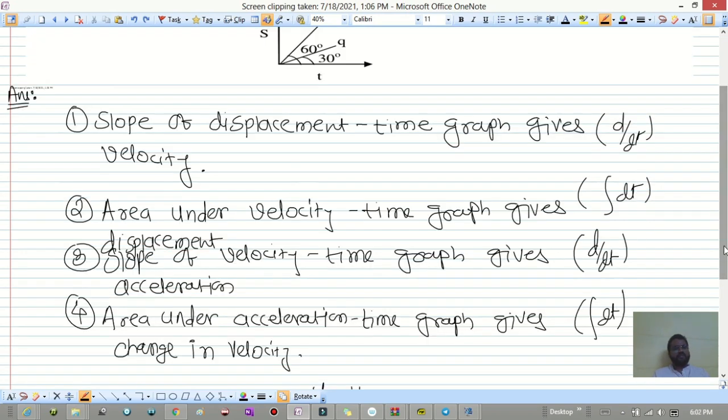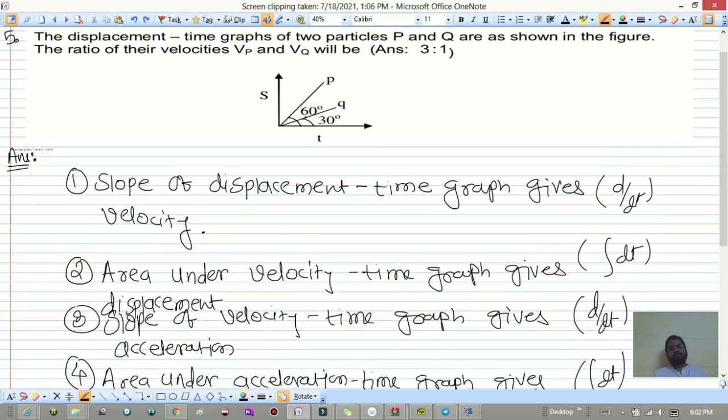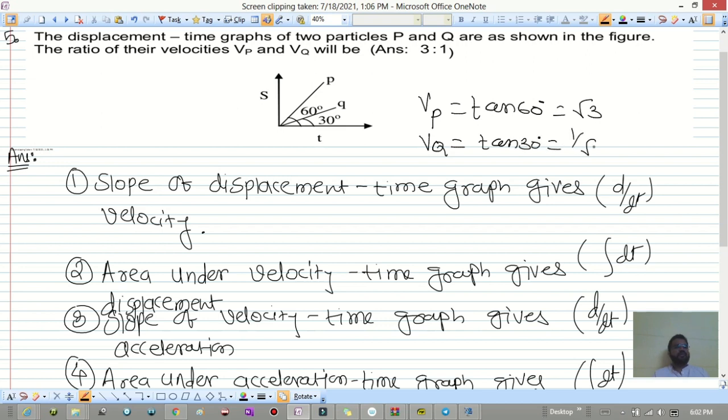So over here, as you can see, velocity of P is equal to tan theta, you can write tan 60 degree. What is tan 60 degree? It is root 3. And velocity of Q is tan 30 degree, which is equal to 1 by root 3.